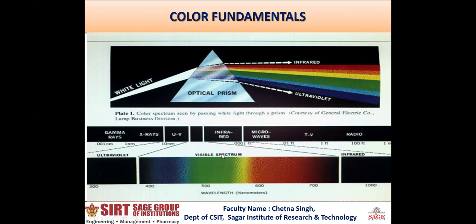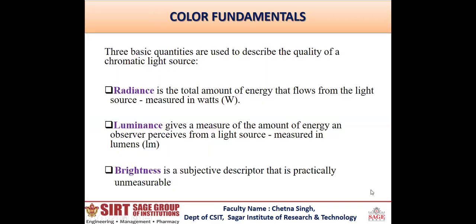Here you can see the visible spectrum between violet and red, with ultraviolet before the violet and infrared after the red. Here you can see the intensity value and wavelength in nanometers of each and every color.